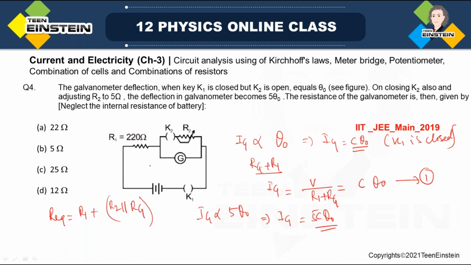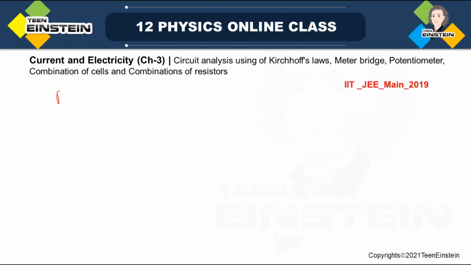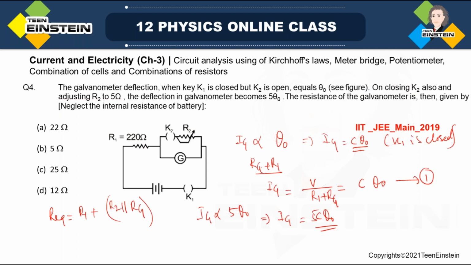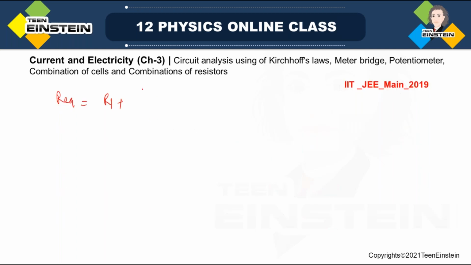Rg and R2 will be parallel to each other, which is in series with this R1. Let us write that R equivalent here as R1 plus R2 Rg divided by R2 plus Rg.